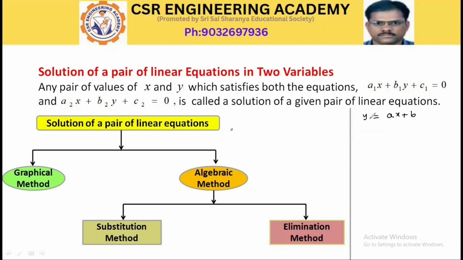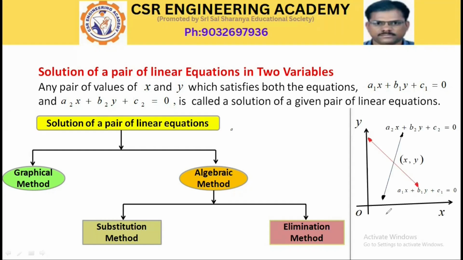Take integral values only. Plot these values on the graph paper in order to represent these equations. If the lines intersect at a distinct point, then the point of intersection will be the unique solution for the given equations. In this case, the pair of linear equations is consistent.